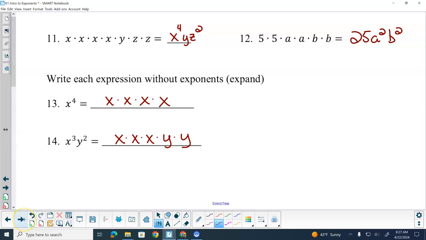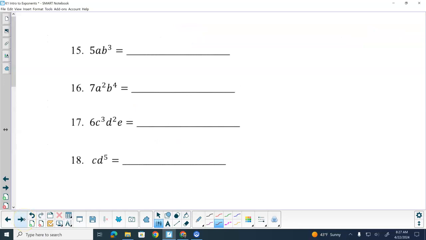Now you try expanding those four. Go for it. So this one's going to start out with a 5. Then we've got an A, only one of them, and then we've got 3 B's. Next one's going to start out with a 7. Then we've got 2 A's and 4 B's.